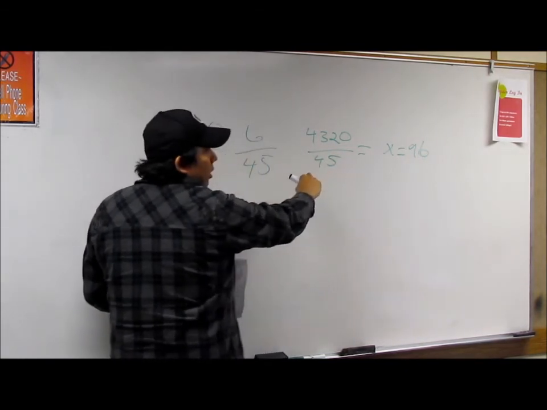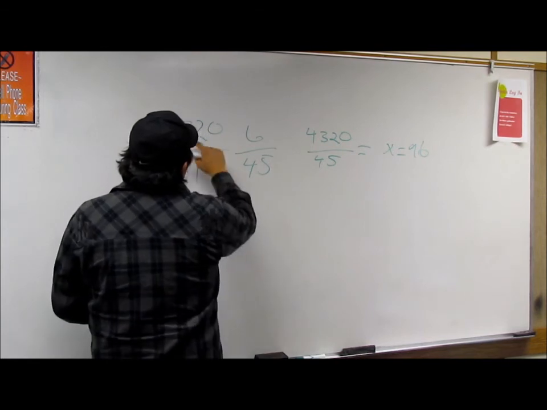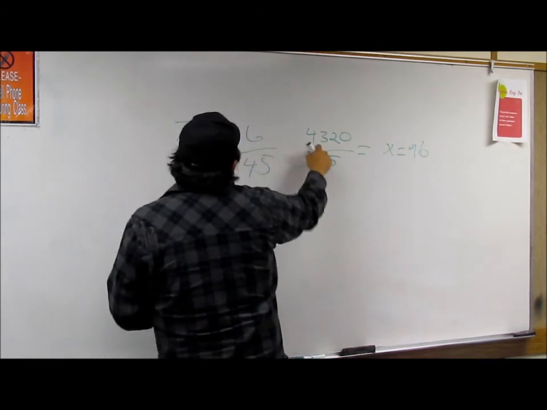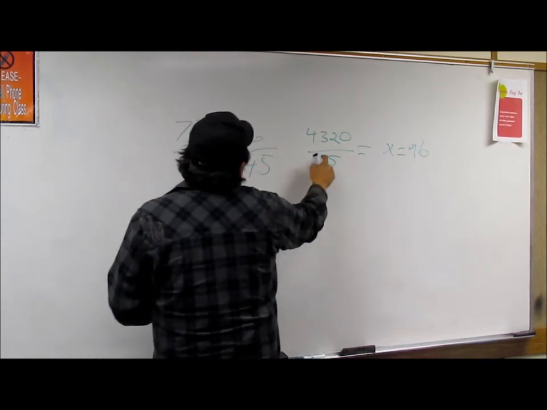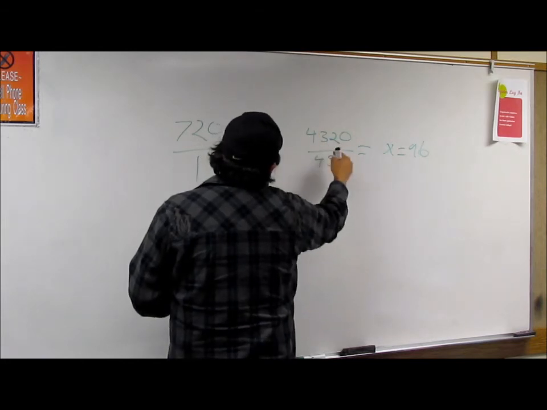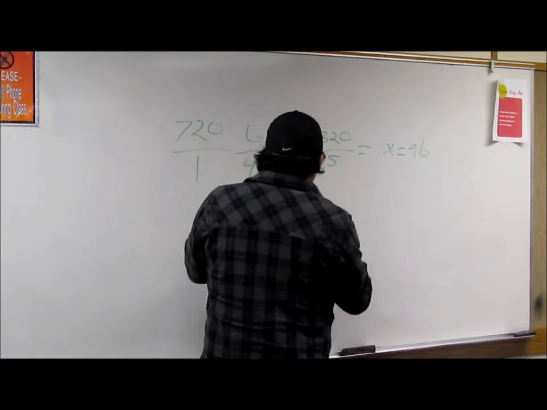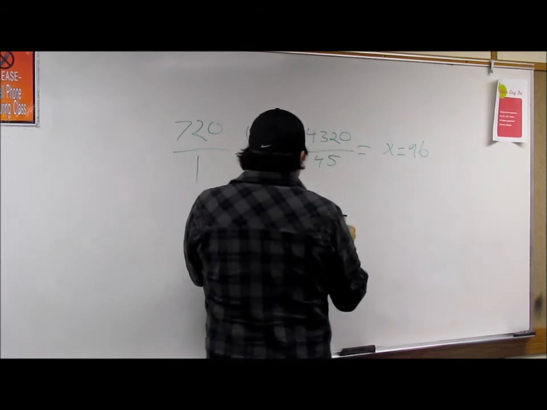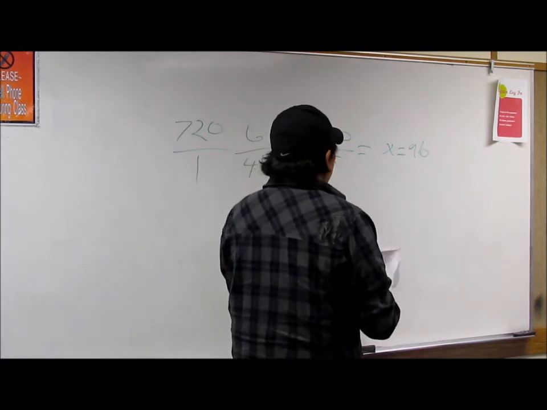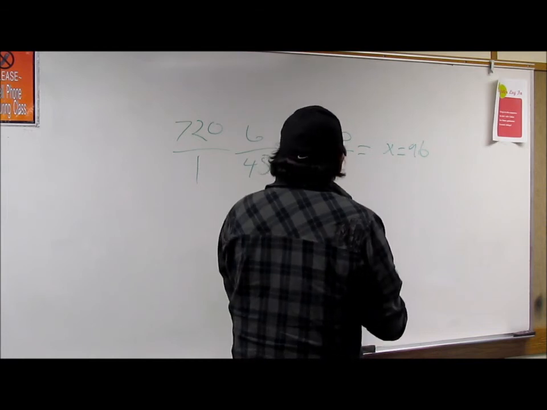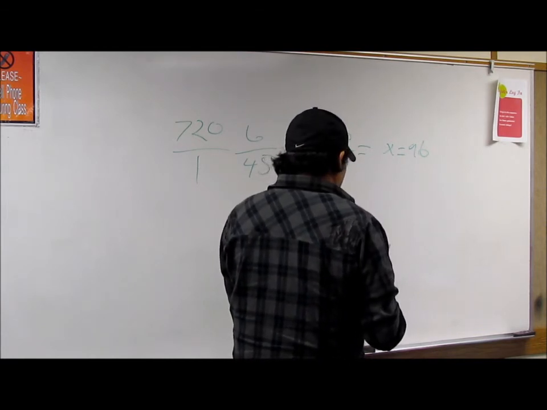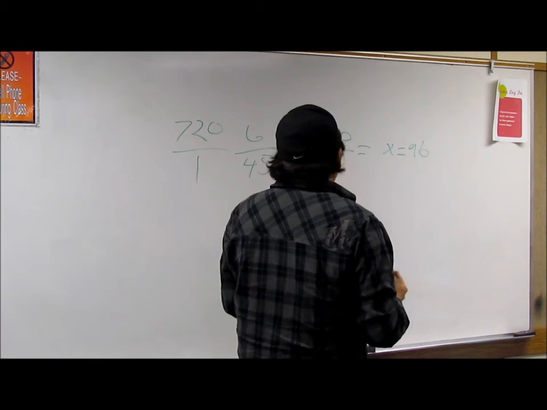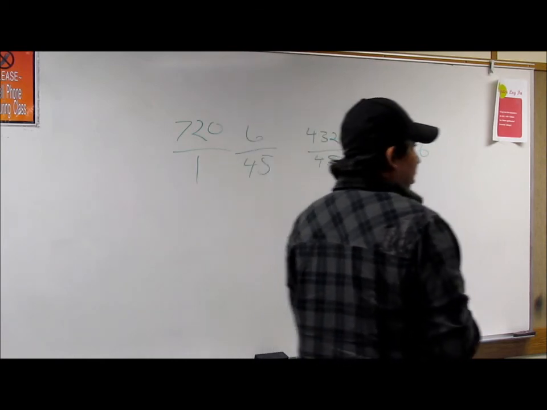Long division. So what I did was 720 times 6 came up to 4320, divided by 45, and it came out to be 96 cubic feet. I don't know if it's the right way to do it, but that's how I ended up coming up with it. No, that's fine. That's exactly what I did.